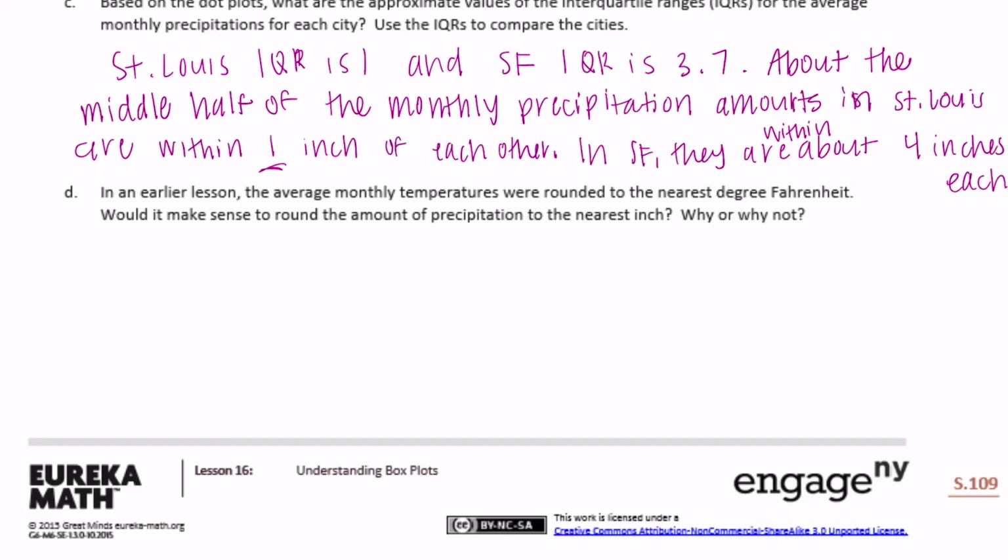And if we're just kind of rounding both of those off, it makes a big difference. So I would say no, because the numbers are pretty close together. But you can have a different opinion of me. No, because the numbers are already really small.